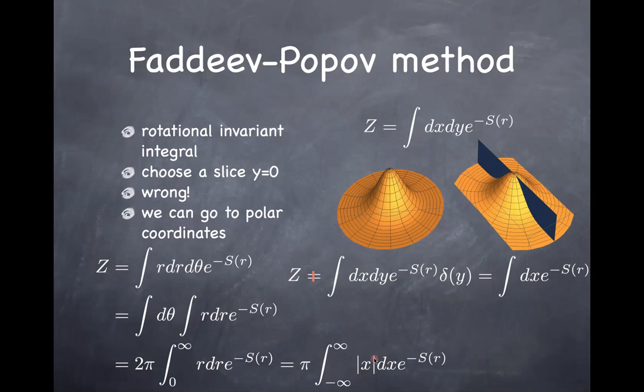So we need to generalize this discussion to more general symmetries, and in the end, we go back to the gauge symmetry. So this is what we need to figure out, and that turns out to be what people call the Faddeev-Popov determinant. Okay, any questions about this simple example?